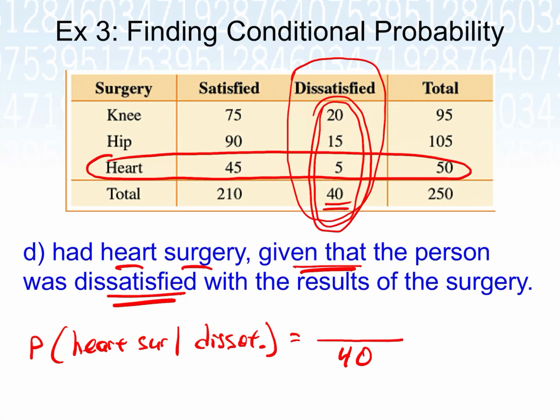How many of them had heart surgery? Well, just look for the intersection between heart and dissatisfied, and I hope you got those 5 right there. 1 out of 8 or 5 out of 40. If you got that, good job.